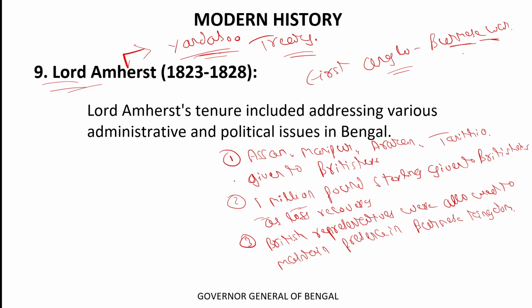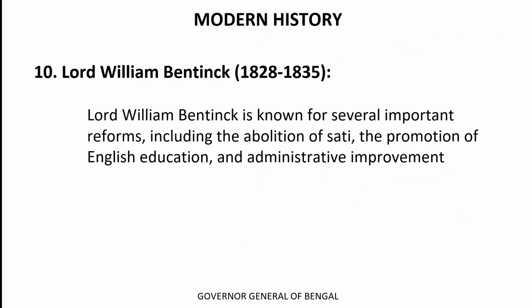In the Treaty of Yandabo, there were three main points. The first point was that Assam, Manipur, Arakan, Tanithia areas were given to Britishers. Second point was that £1 million given to Britishers as loss recovery. Third point was that British representatives were allowed to maintain their presence in the Burmese Kingdom. Got it? Now let's move forward.